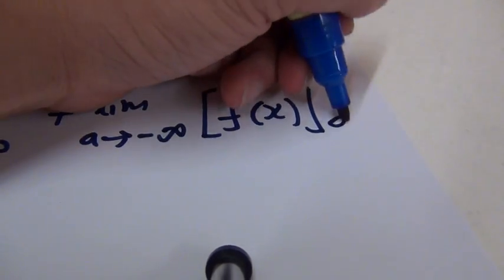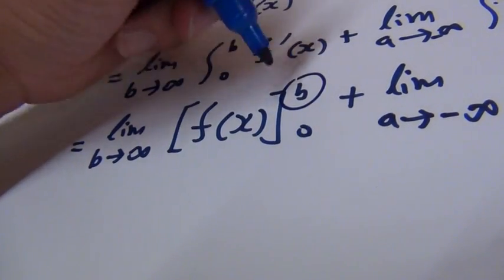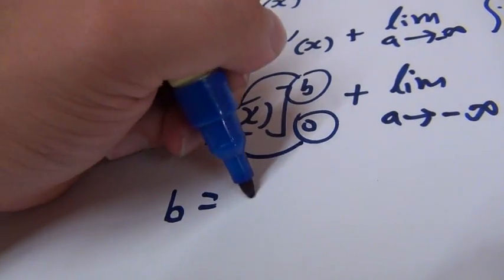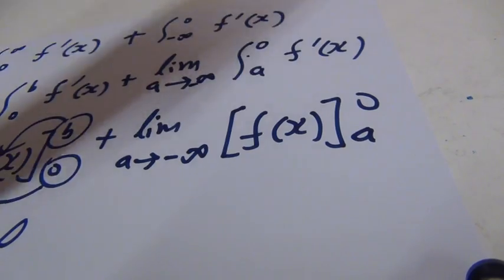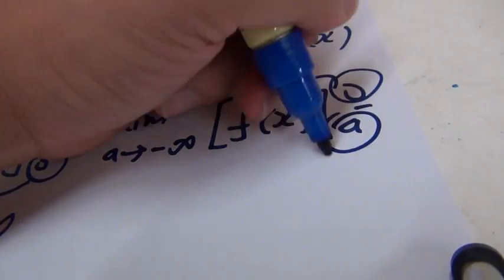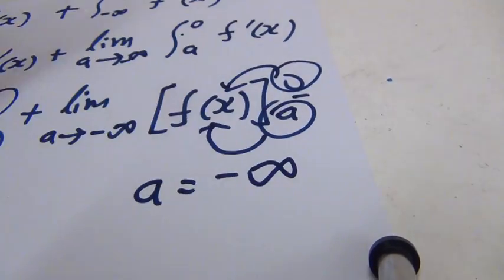Remember, a is down there, a and 0. So it's the same method as before. Use this one, substitute inside. Use this one, substitute inside. Your b is infinity and your a is negative infinity. You substitute your 0 inside minus this value, where a equals negative infinity.